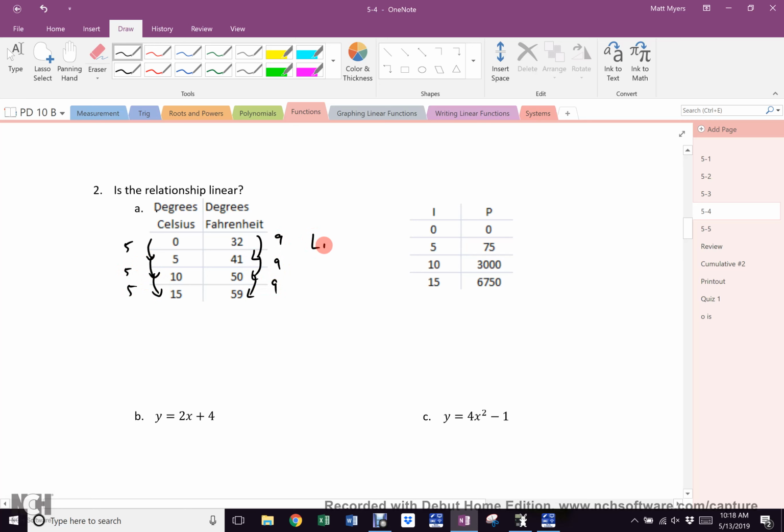Yes, this is a linear relation. Because the rate of change is what? It's constant, and it is dV over IV, 9 over 5. Right? All the way along. Agreed? Okay.